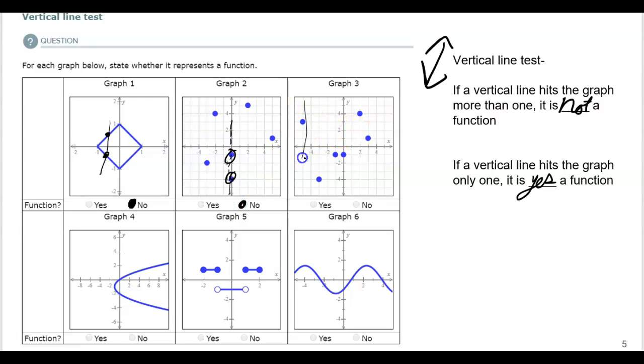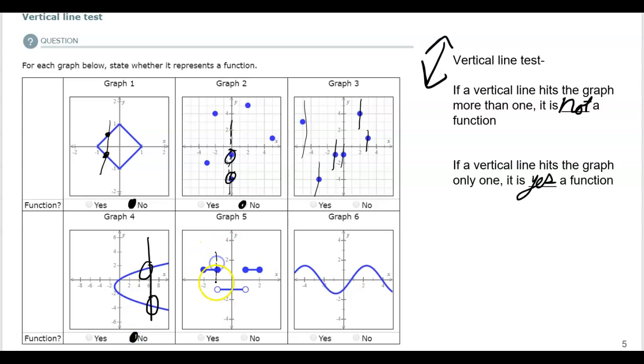If I draw a vertical line here at each of these, it doesn't hit twice, so it hits only once, so it's yes, a function. I want you guys to try 4 on your own. So if you did 4, it hits it twice, so it's not.